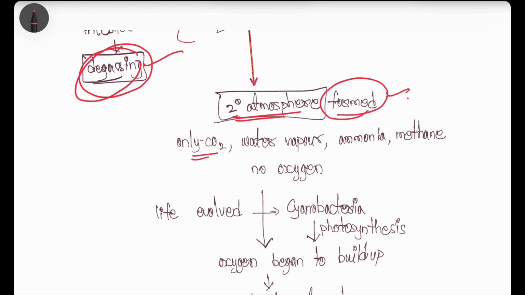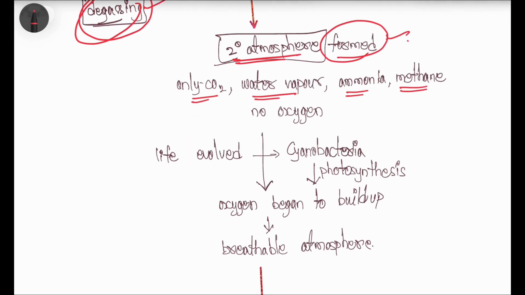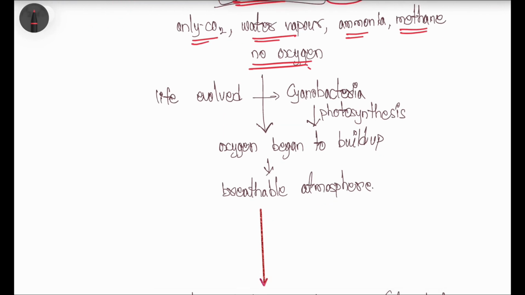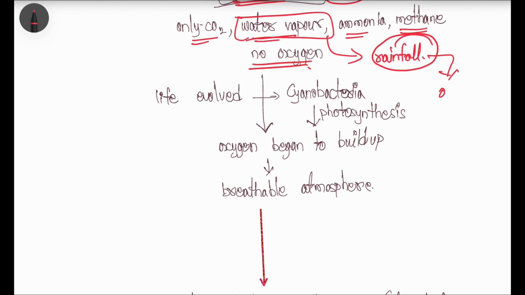Initially, only carbon dioxide, water vapor, ammonia, methane and nitrogen were present in the initial stages of Earth's formation, but there was no oxygen. The water vapor released into the atmosphere condensed, and because of that a huge amount of rainfall happened on the Earth, because of which oceans were formed.